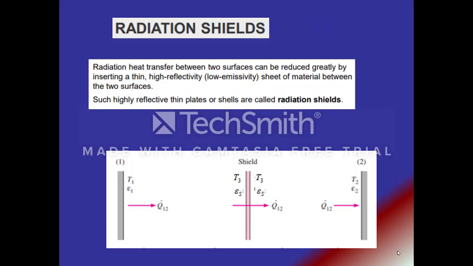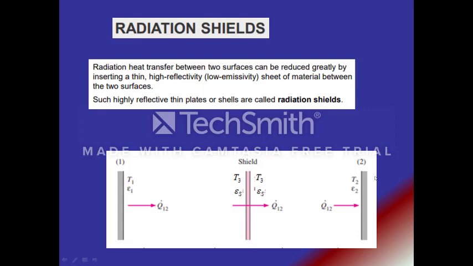And another important concept, radiation shield. Suppose I have a surface plate at a temperature of T1 with an emissivity of epsilon 1. I have another plate at a temperature of T2 and an emissivity of epsilon 2. So there is radiation heat transfer between 1 and 2. I want to reduce the heat transfer between 1 and 2.